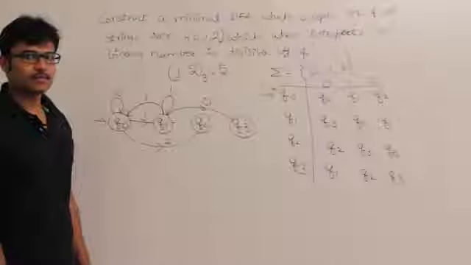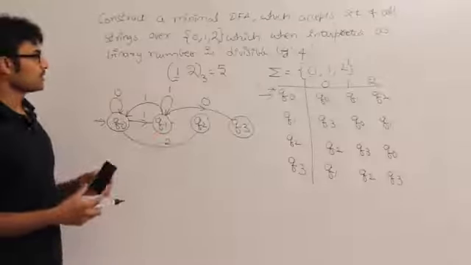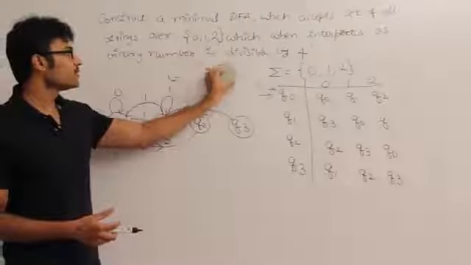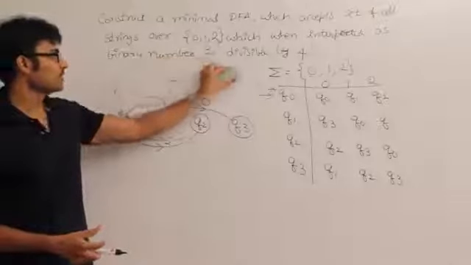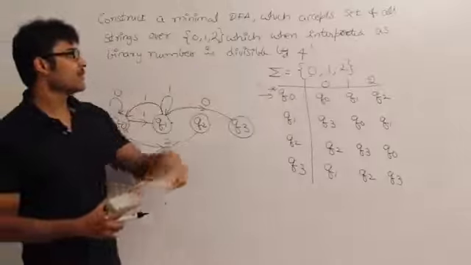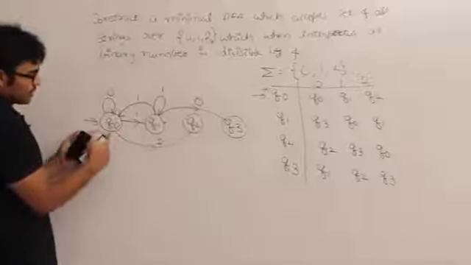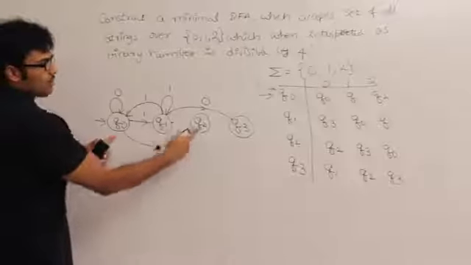Now let's see Q2. Q0 is done, Q1 is done, and now we are going to see Q2. How did we reach Q2? We have reached Q2 by seeing all these strings which will give a remainder of 2 when divided by 4. What is the smallest such string? It is nothing but 2. From the initial state, if I see 2, I am in Q2.